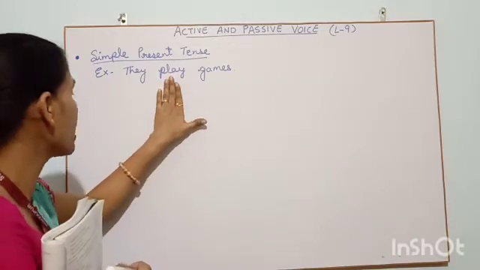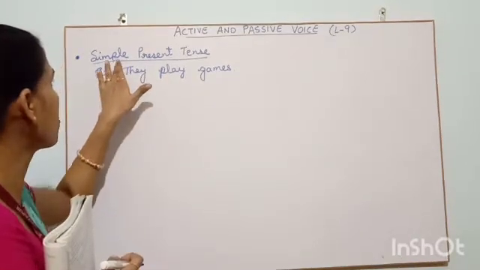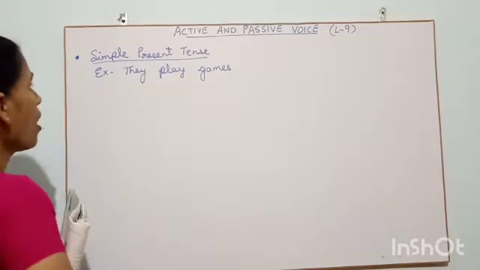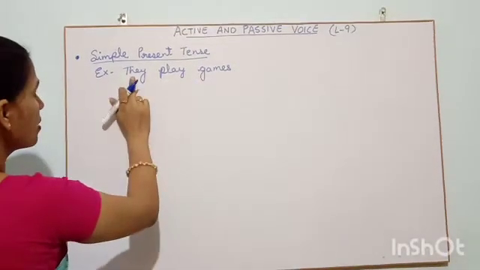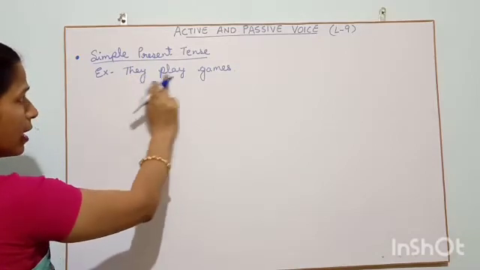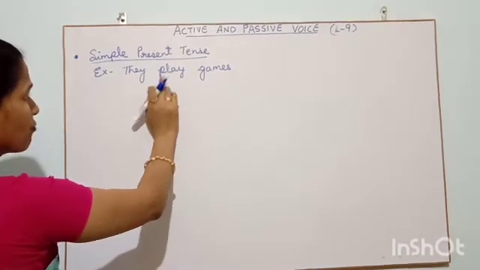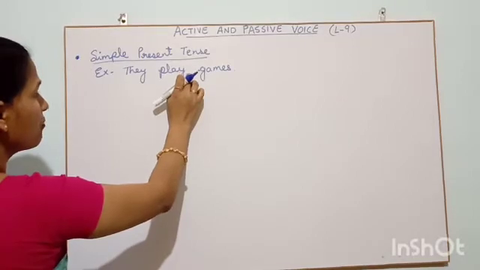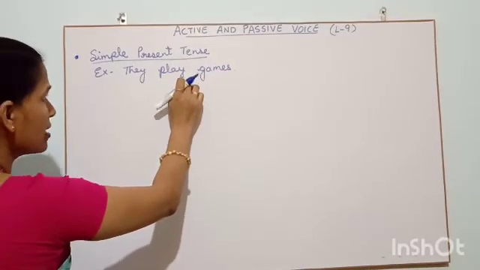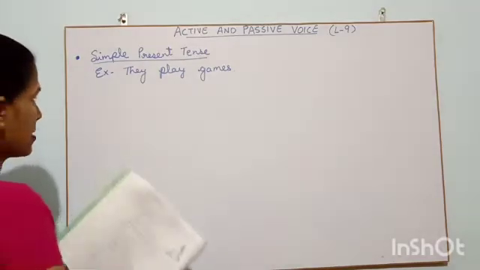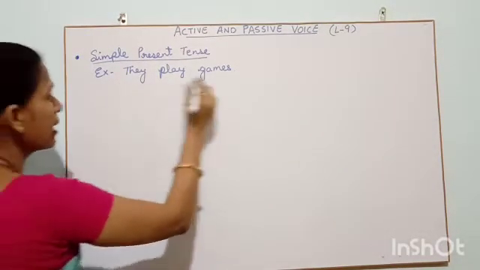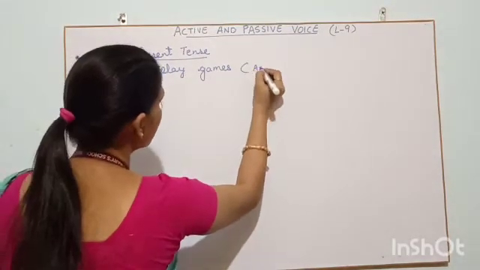So we can make out that this sentence is in simple present tense. These things I think you know. When we have a plural, of course we will have the base form and we will not add s or es to the verb. So this sentence you take as it is in the active voice.